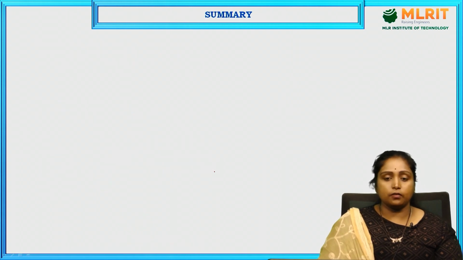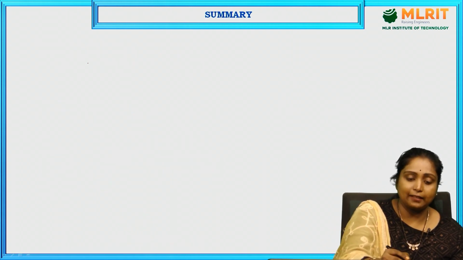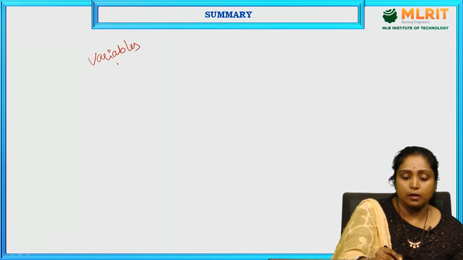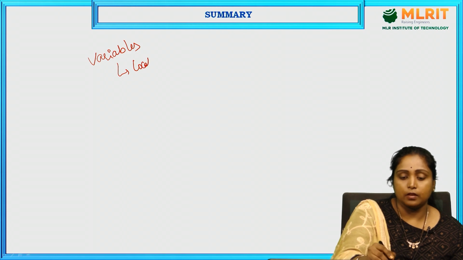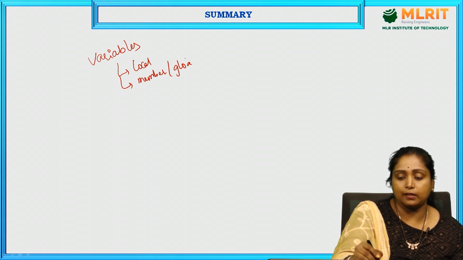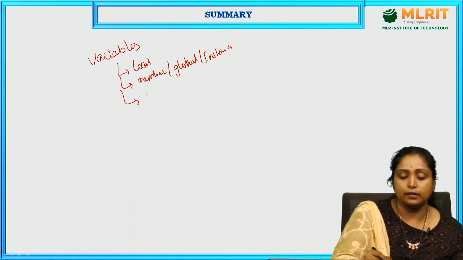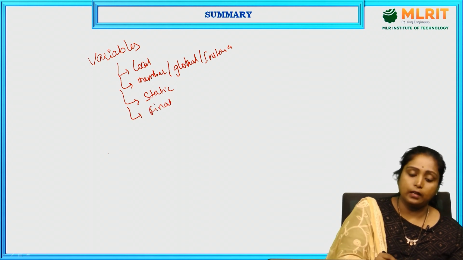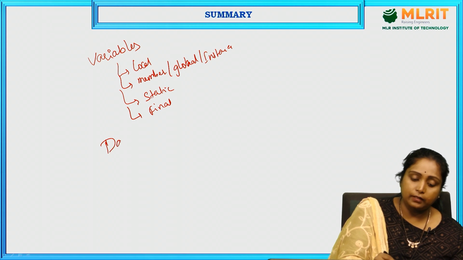Here, what we have discussed in this class is variables. You have four types of variables: local variables, member or global or instance variables, static variables, and final variables. We have also seen data types.